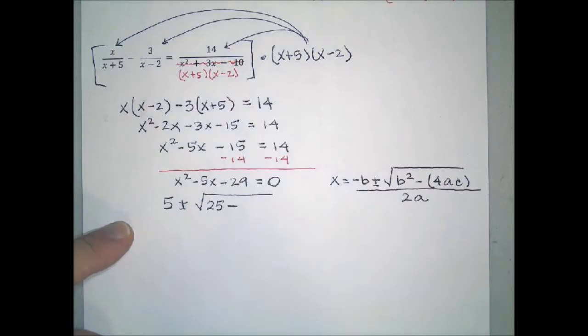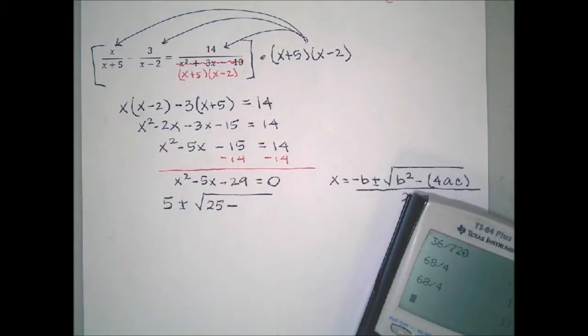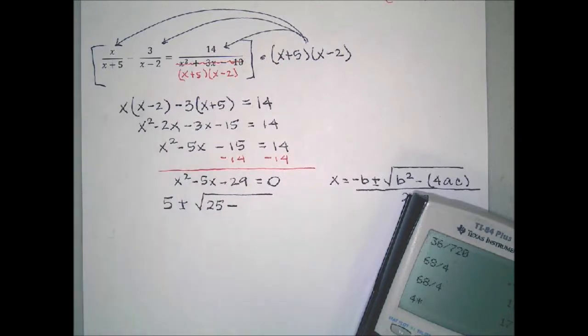minus, now 4 times a times c, so it would be 4 times the a value of 1 times the c value of negative 29 equals negative 116.